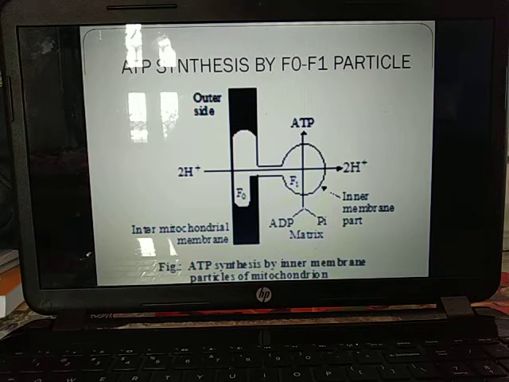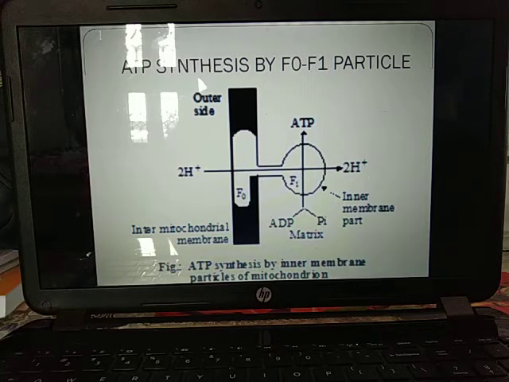Higher proton concentration in the outer chamber causes the protons to pass inwardly into the matrix or inner chamber through the inner membrane. The latter possesses a special rotating proton channel in the region of F0 of the F0 F1 particle. The flow of protons through the F0 channel induces the F1 particle to function as ATP synthetase.